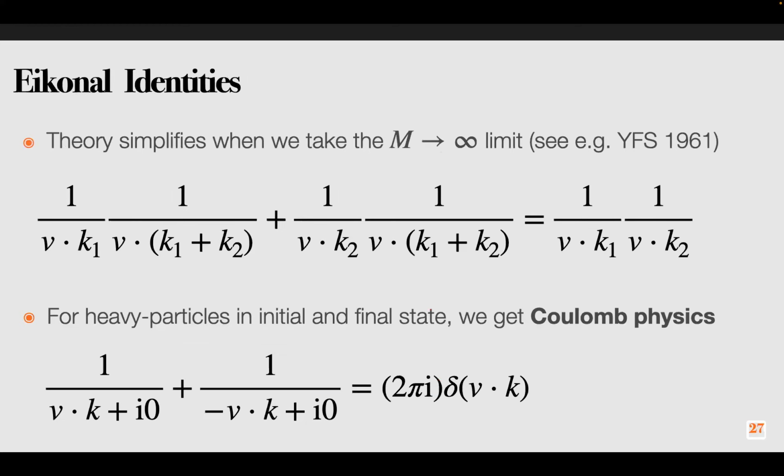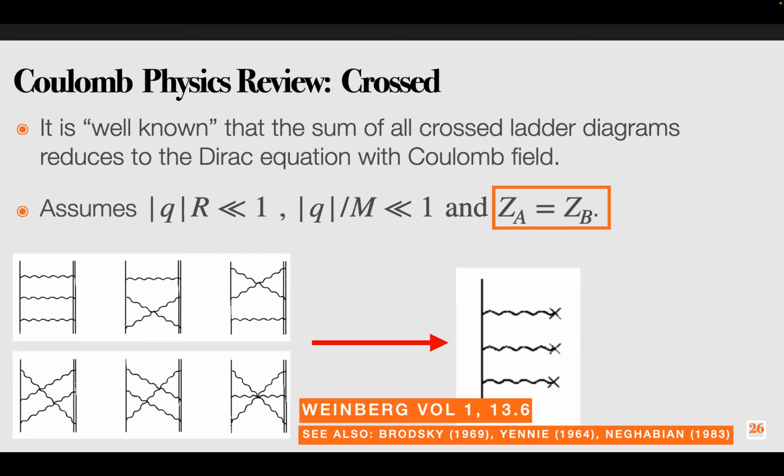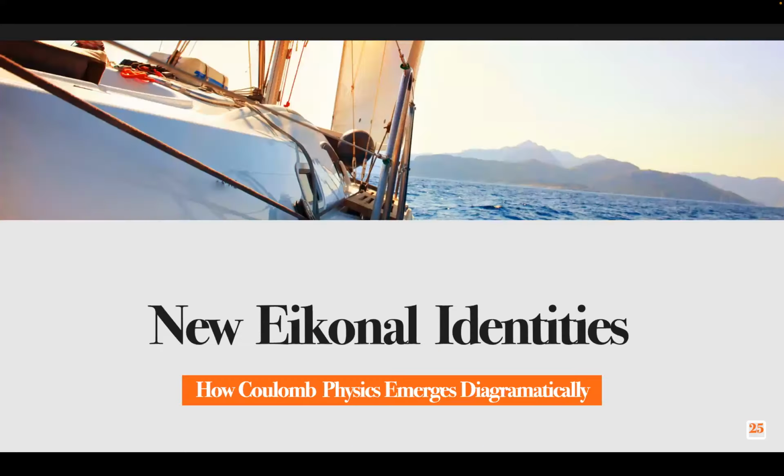Wait, you're assuming ZA equals ZB? Yeah, that's a good point. That is what's assumed here to derive this. Physically, A is going to be the particle before its beta decay, and they have different charges, which is a problem. So that's the new part of these eikonal identities, and that's the paper that will come out later this year.